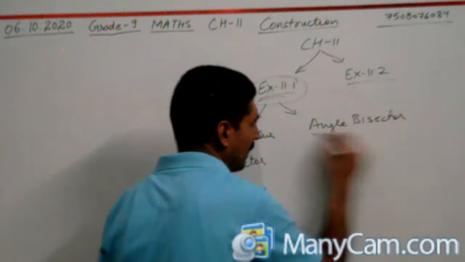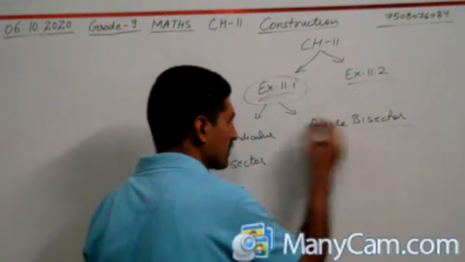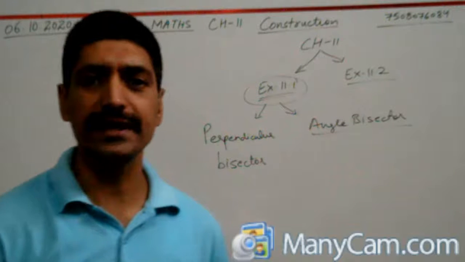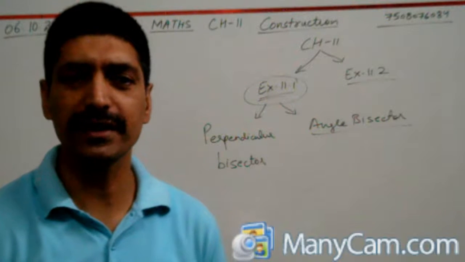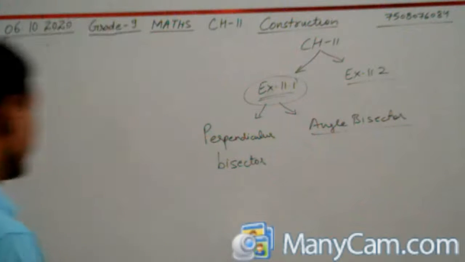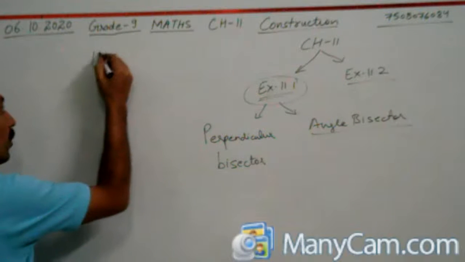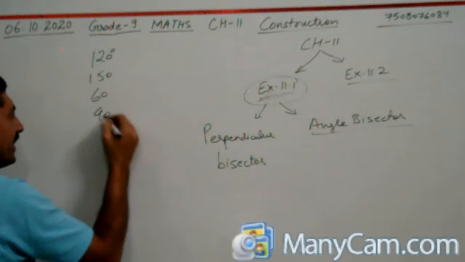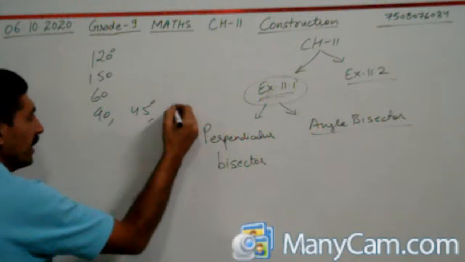And for the angle bisector, you should know first how to draw the angle. Like angle of 30 degree, 15 degree, 60 degree, 45 degree, 90 degree, 75 degree. All these angles, although we have learned 120 degree, 150 degree, 60 degree, 90 degree, its half 45 degree, 22.5, right?